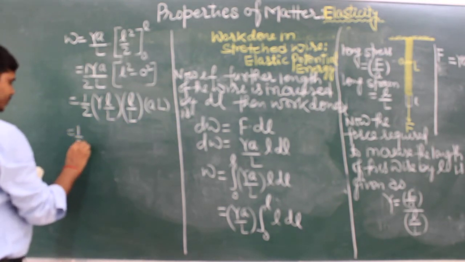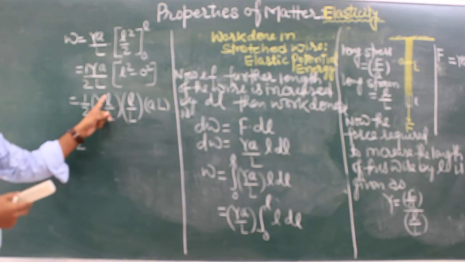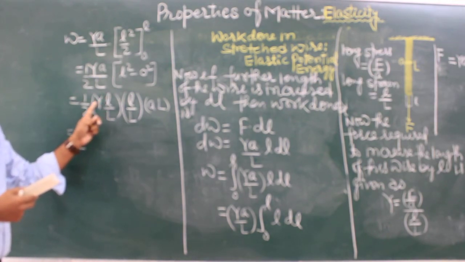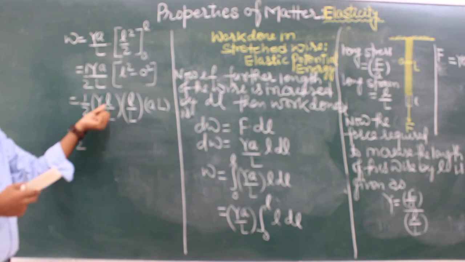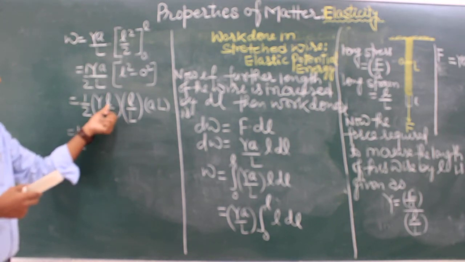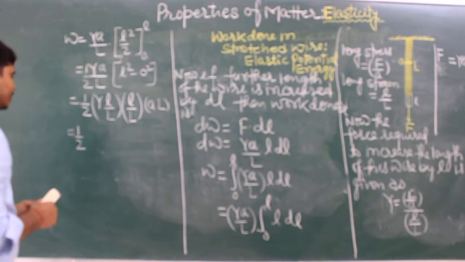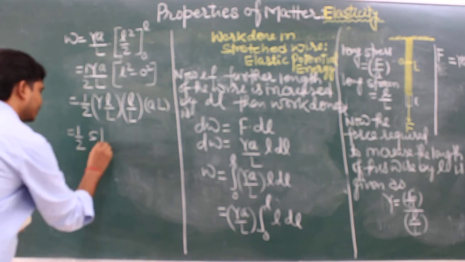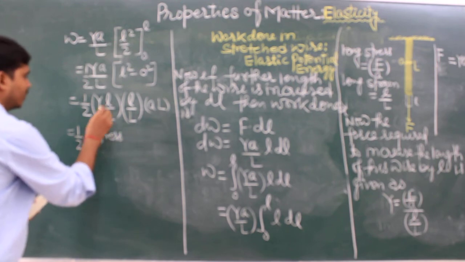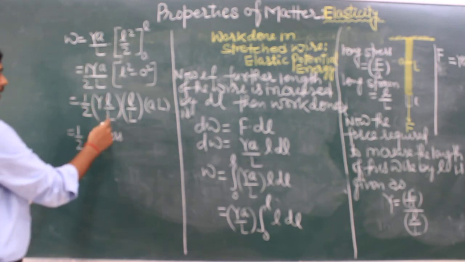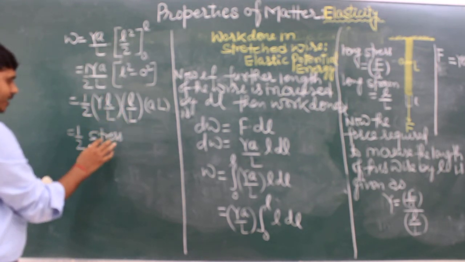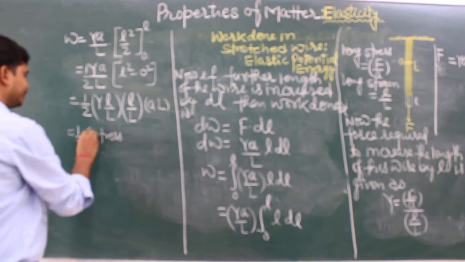So this Y times, the Young's modulus times the fractional change in the length of the wire, gives the value of the stress. This Y times small l by capital L gives the value of stress.